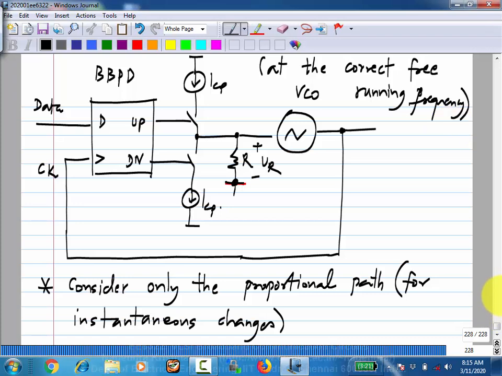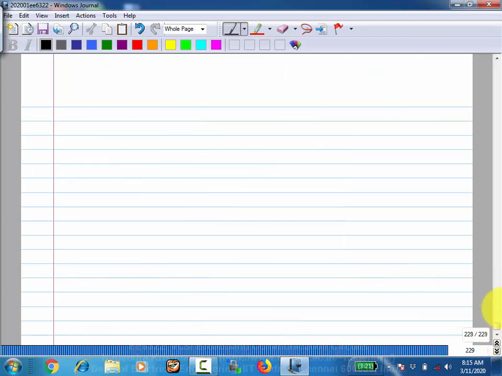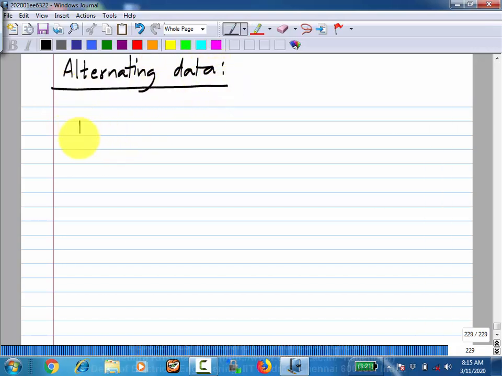Now in this system, let me assume alternating data for simplicity in the beginning. This is the data input.